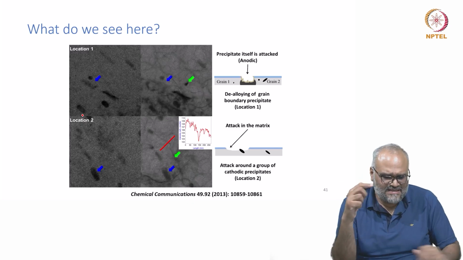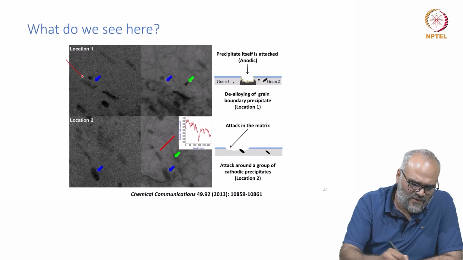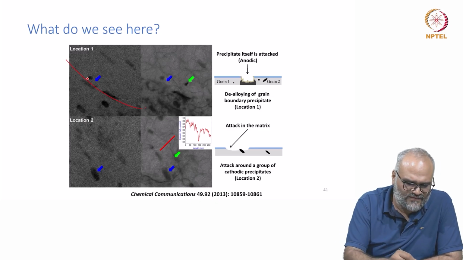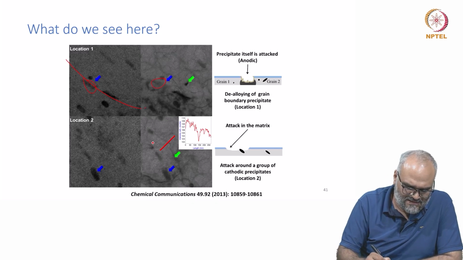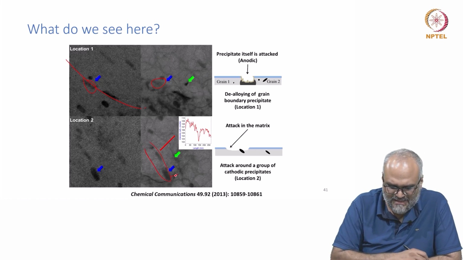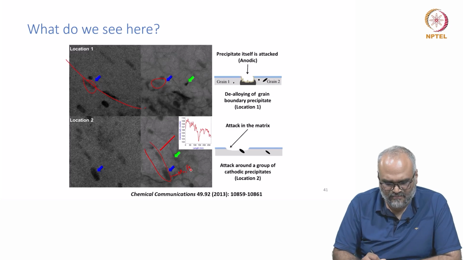And as you can see, at two locations, this is actually near a grain boundary, and one of these precipitates gets dissolved, and at other locations in the matrix surrounding a combination of these kind of precipitates which are rich in manganese, iron, there is dissolution in the matrix.